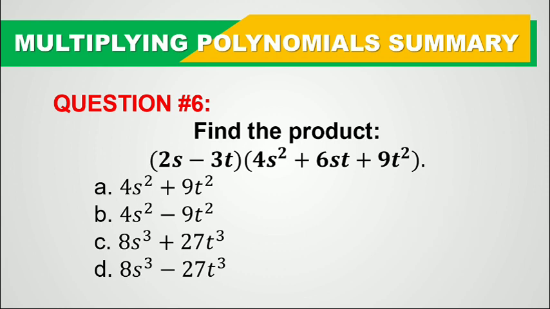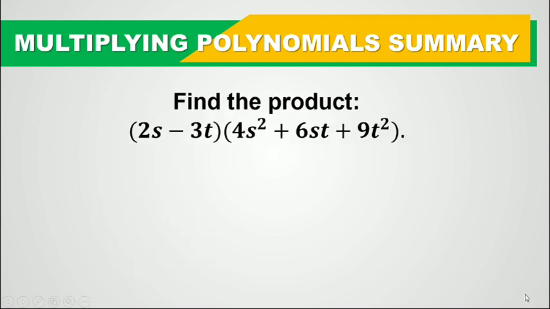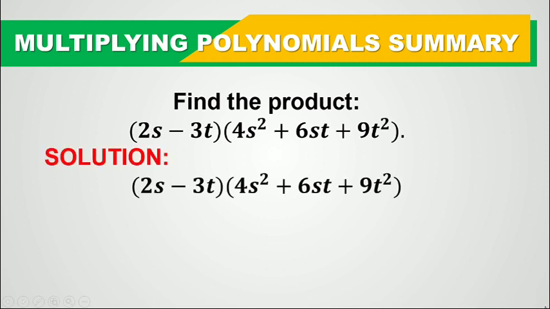So in answering this, this is still part of the special products, 2s minus 3t times 4s squared plus 6st plus 9t squared, and we will be using that form to answer this. So just cube the first term.